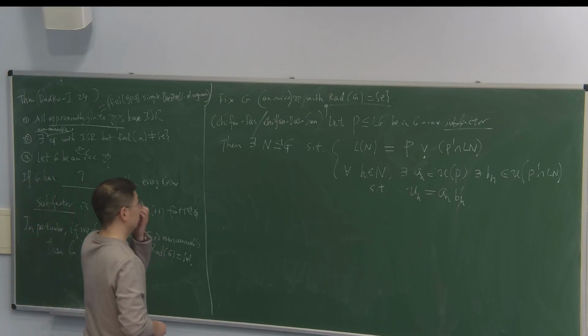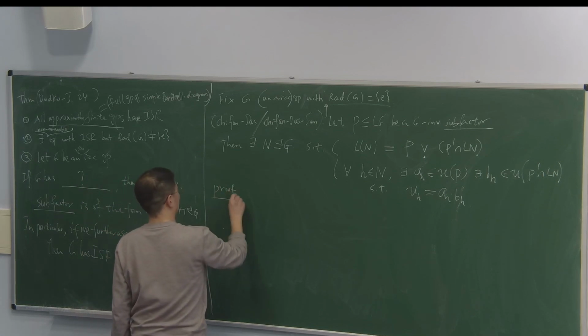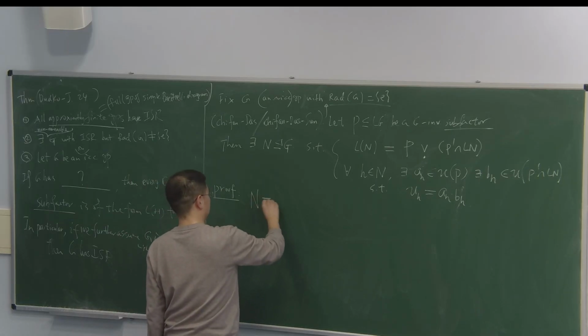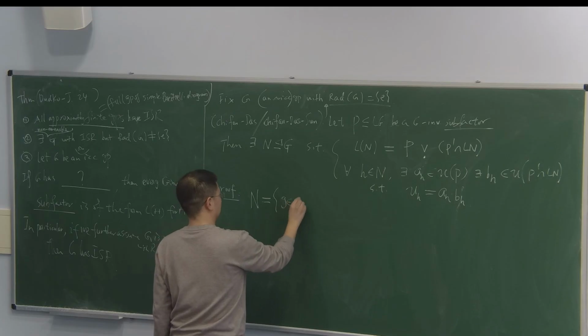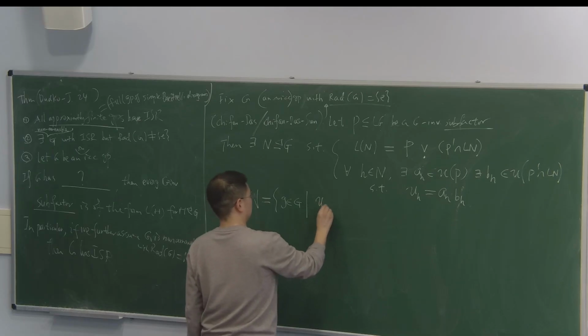Let's continue with the proof. The construction of N is as follows. You simply collect all the elements g in G with this factorization.